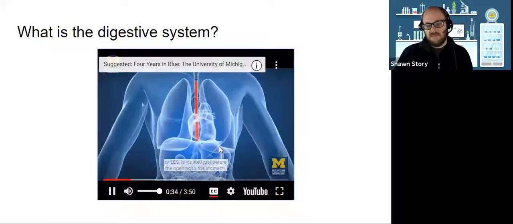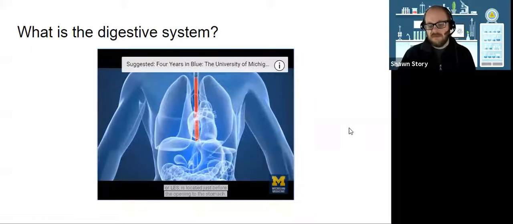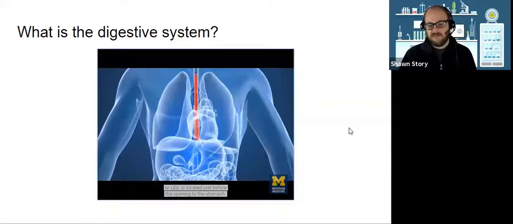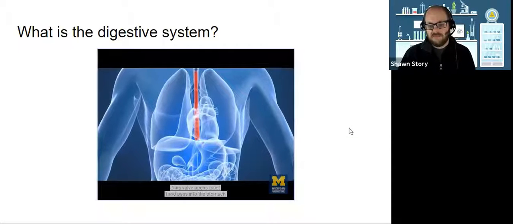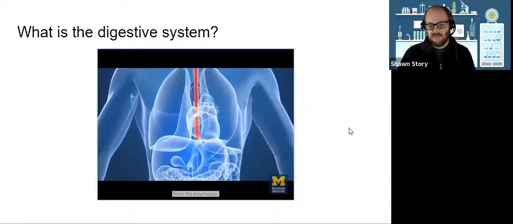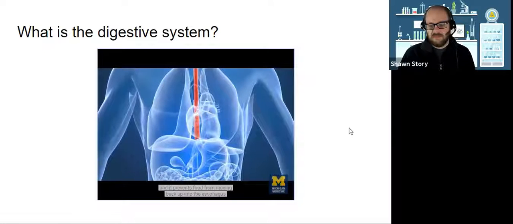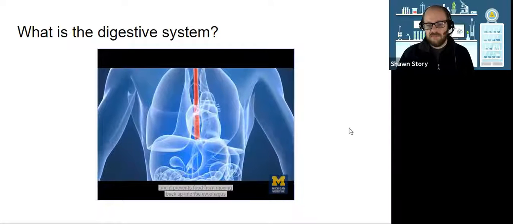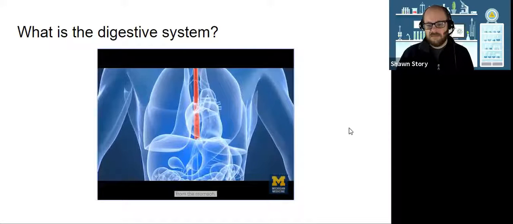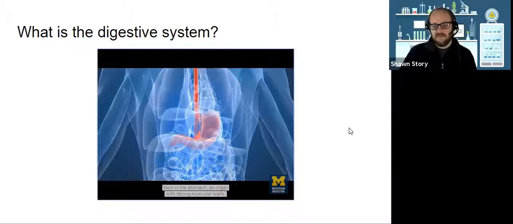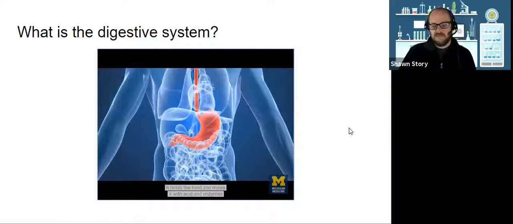A valve called the lower esophageal sphincter, or LES, is located just before the opening to the stomach. This valve opens to let food pass into the stomach from the esophagus, and it prevents food from moving back up into the esophagus from the stomach. Next is the stomach, an organ with strong muscular walls.